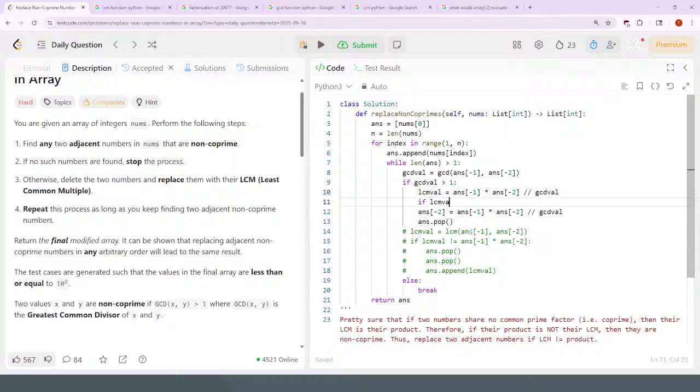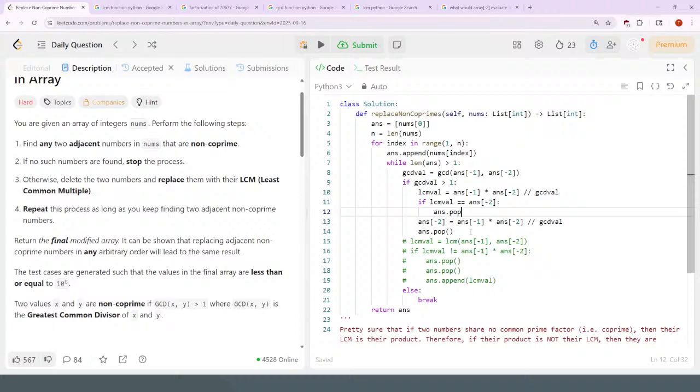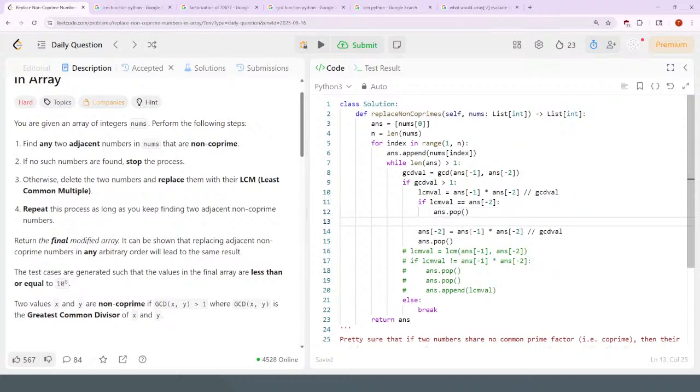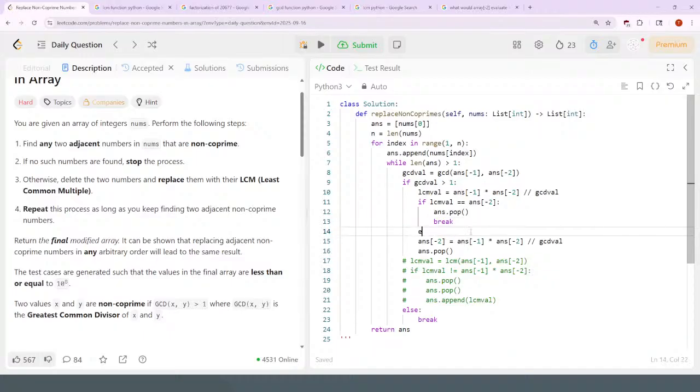If the LCM value is equal to answer at -2, then just pop and break the loop, else do the replacement, but keep on doing the loop. I guess answer pop always occurs.